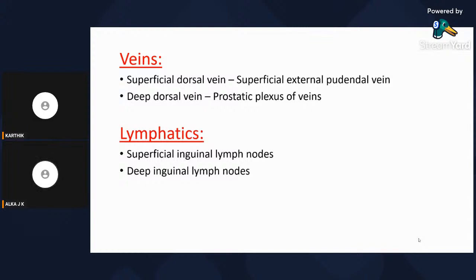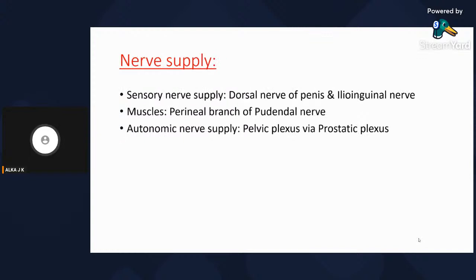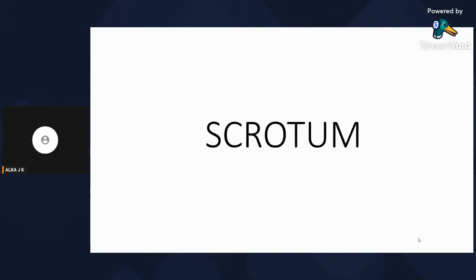Lymphatic drainage is superficial, very easy to remember: superficial inguinal lymph nodes and deep inguinal lymph nodes. Nerve supply: sensory nerve supply is the dorsal nerve of the penis and ilioinguinal nerve. Muscles: perineal branch of the pudendal nerve. Autonomic nerve supply is from the pelvic plexus via the prostatic plexus.